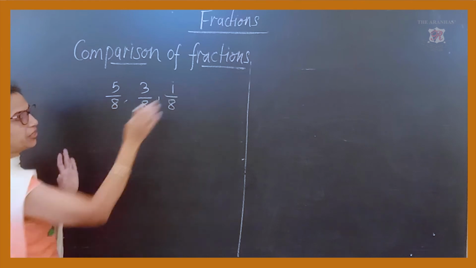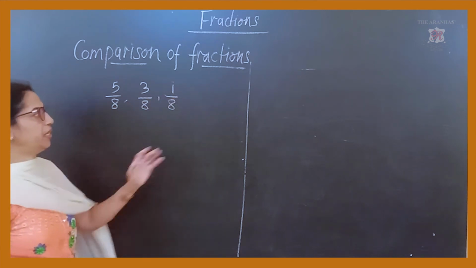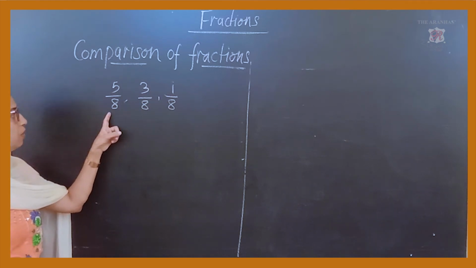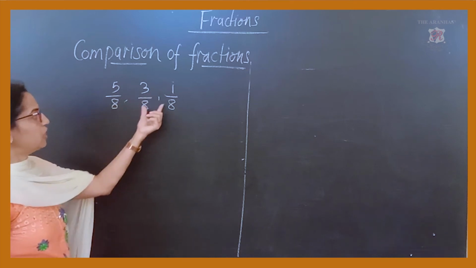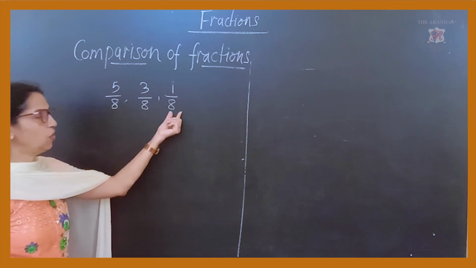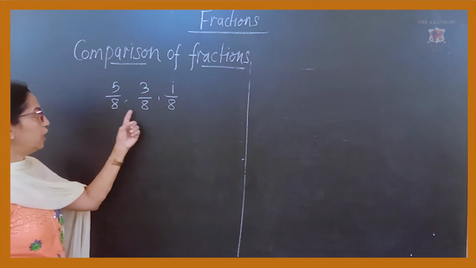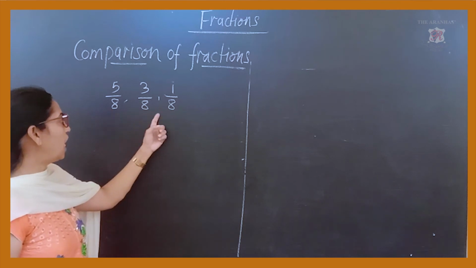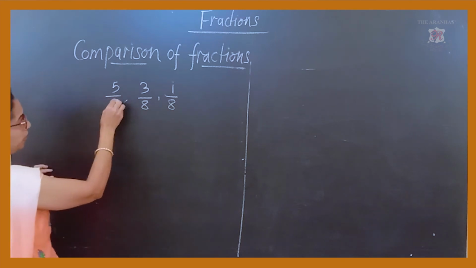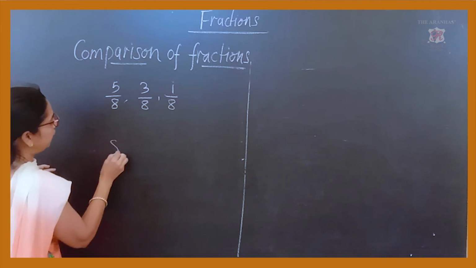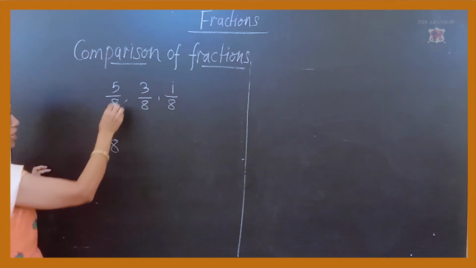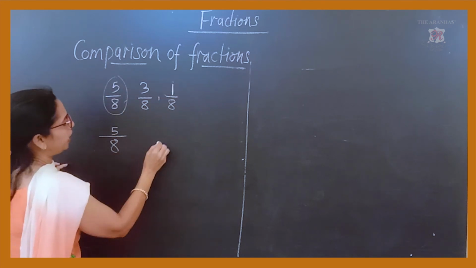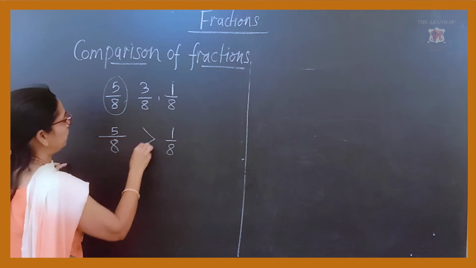Now these are three different fractions. Many will be there. But in such cases, you can by observation also find out all these fractions are having equal denominator. When the denominators are equal, you can say these are the fractions where for comparison you can find out that out of 8, 5 will be the greater one and 1 upon 8 will be the smaller one.